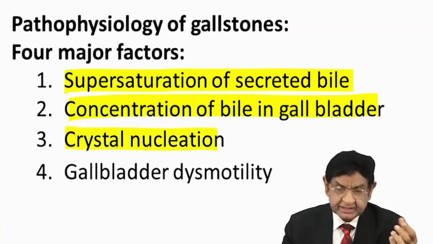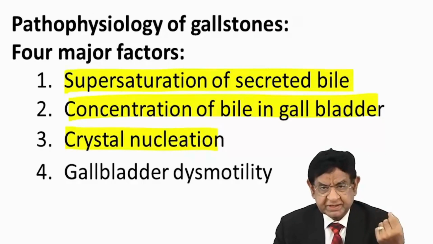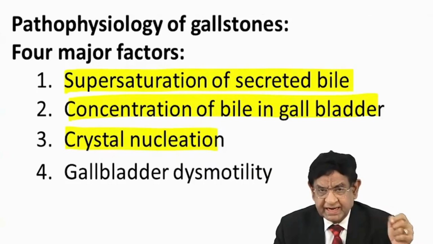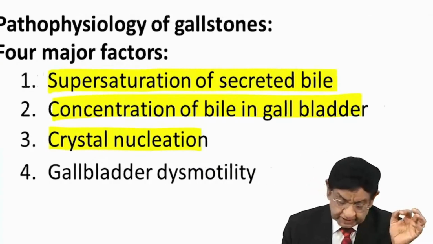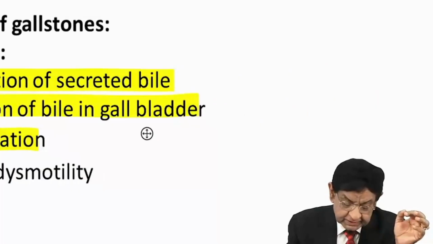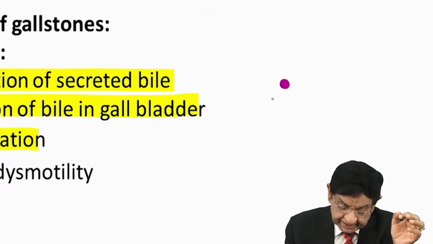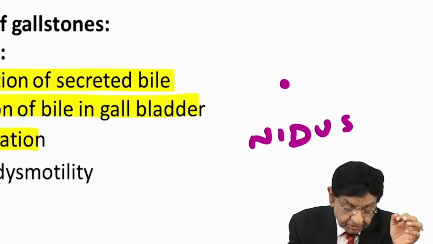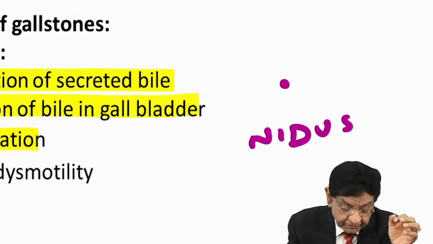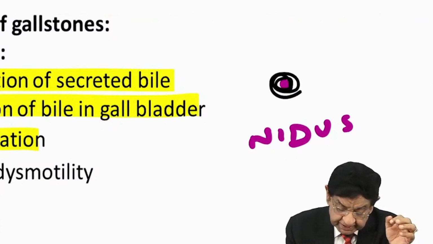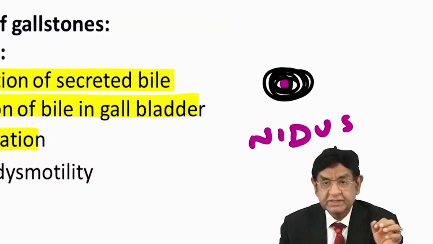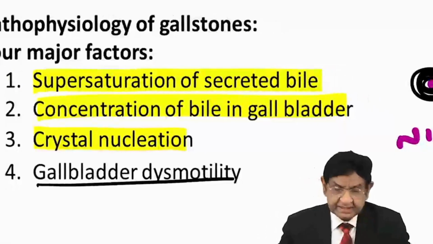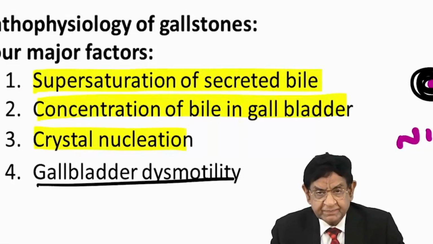Crystal nucleation: most of the time there is some nucleus, and crystal formation occurs around that. What we call a focus, a nidus. If a nidus is there, then formation of stone around it becomes very fast. That makes a stone formation. So nidus formation is essential. And finally, gallbladder dysmotility; the gallbladder is not contracting.